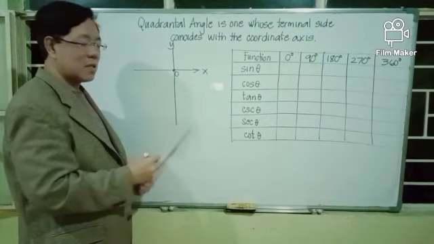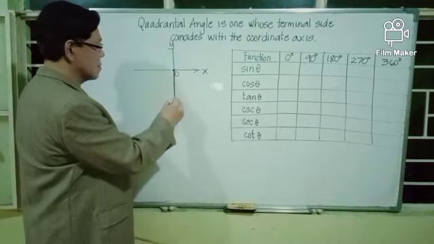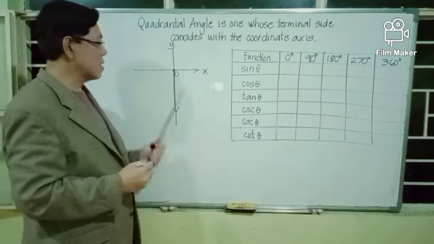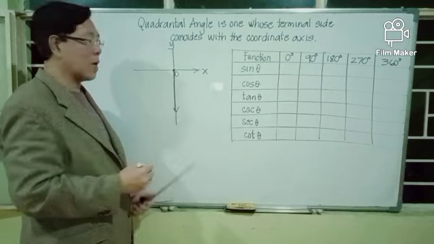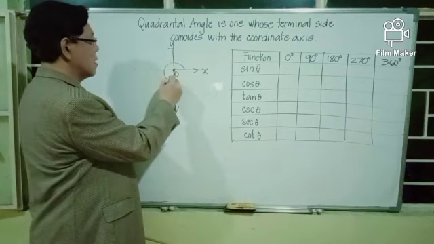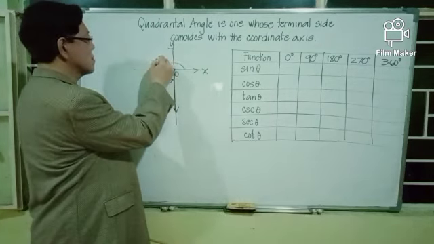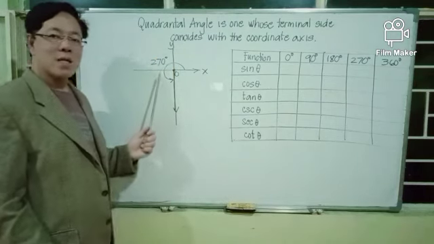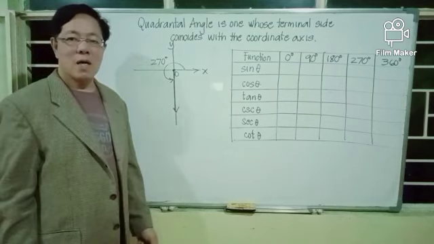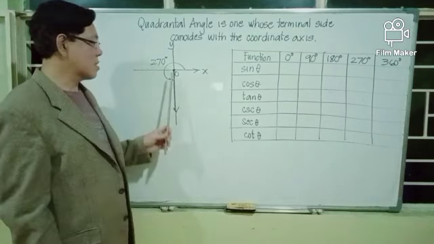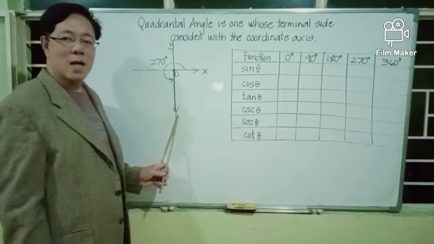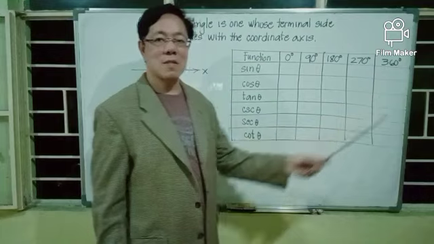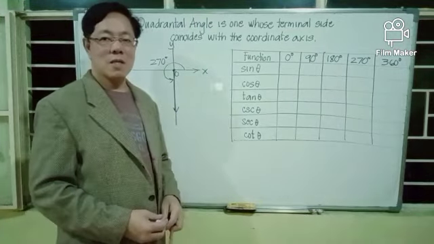And you will find that its terminal side will lie on the y-axis, more particularly on the negative side of the y-axis. This is the angle 270 degrees, and it is a quadrantal angle because its terminal side coincides with the y-axis. And lastly, 360 degrees is a quadrantal angle.